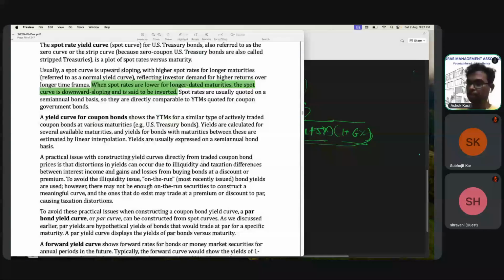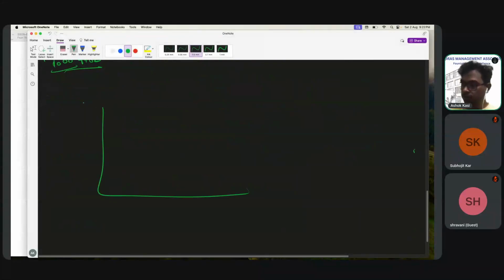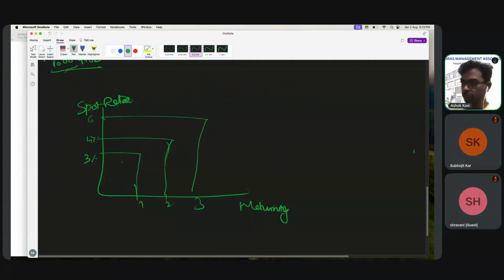Then the spot rate yield curve. So this is the spot rate, against maturity. 1 year, let's say 3%. 2 years, let's say 4%. 3 year spot rate is, let's say, 6%.